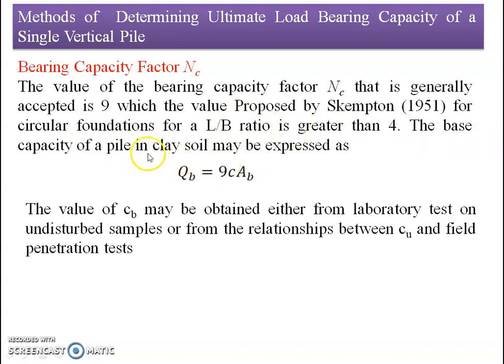The base capacity of the pile in clay soil, considering only the component related to shear strength, may be expressed as 9 multiplied by C, which is the undrained strength, multiplied by Ab, the bearing area of the pile. The value of Cu may be obtained either from a laboratory test on undisturbed samples or from the relation between Cu and the field penetration test. So here we can have SPT number corrections and the SPT number relation for calculating Cu, the undrained strength.